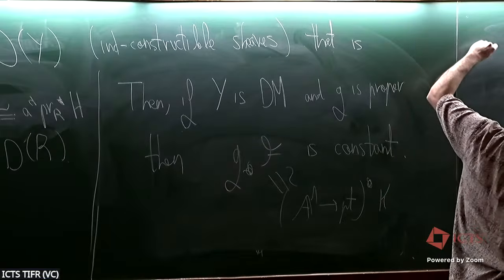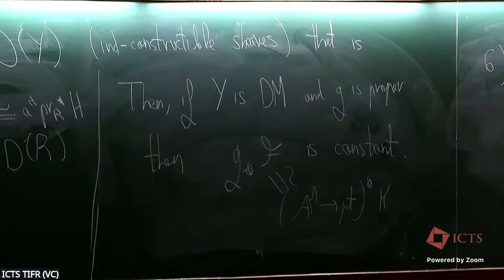So that's step 5. And now step 6 is that if we go back to our situation, and for concreteness specialize to the case of cohomology, we are looking at the pushforward of this constant sheaf.